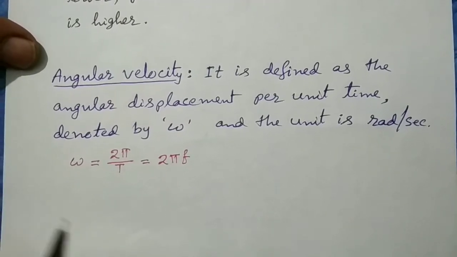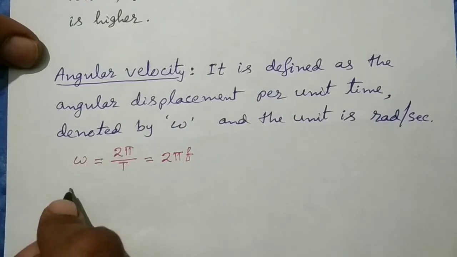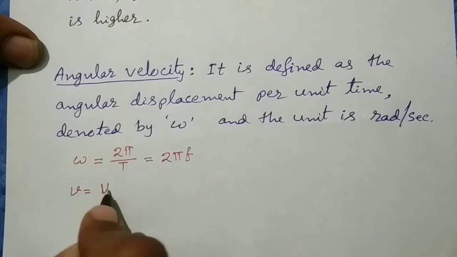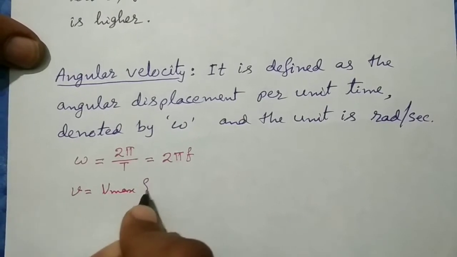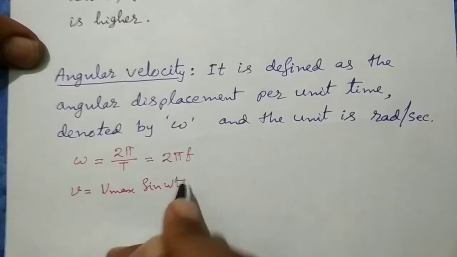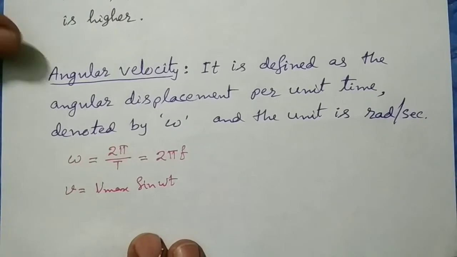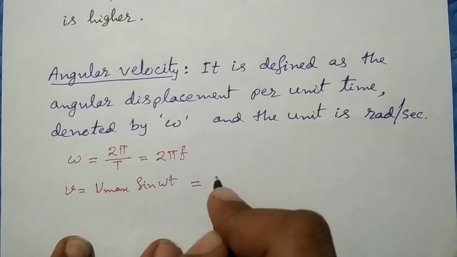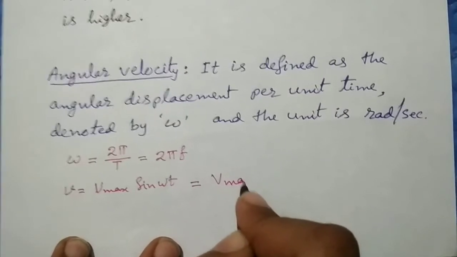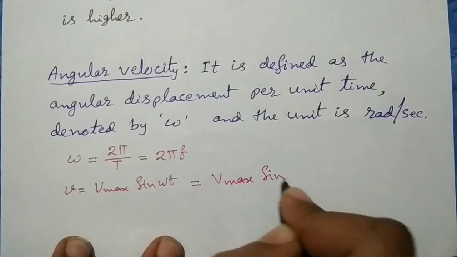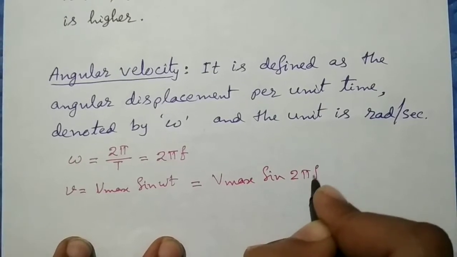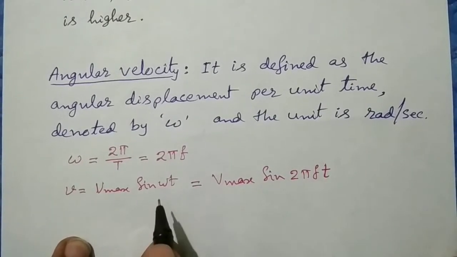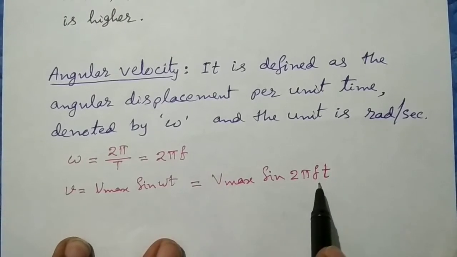Now, as we use the voltage in this discussion as V max sine omega t, this value can further be written as V max sine 2 pi f t, because here I replace omega by 2 pi f.